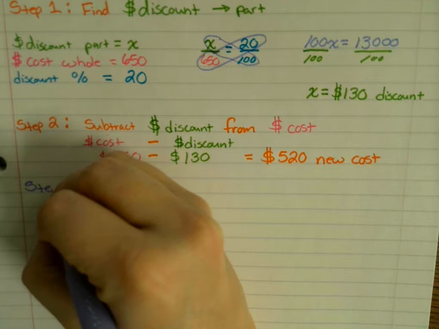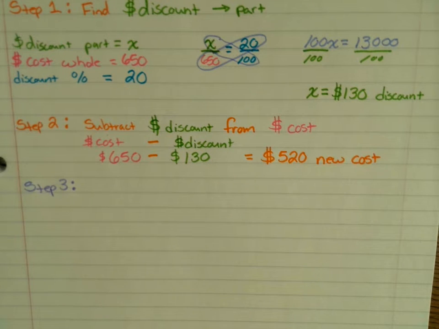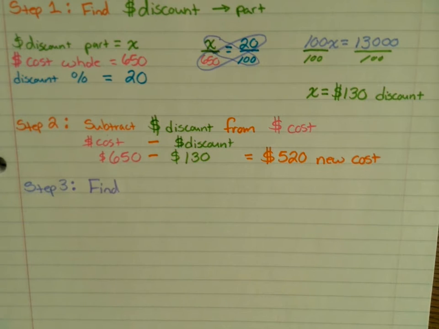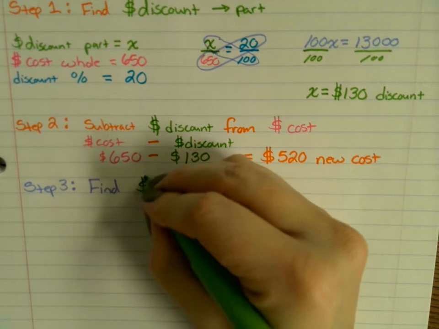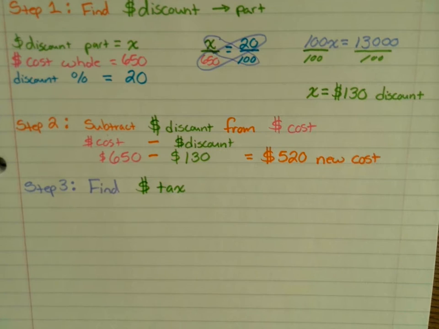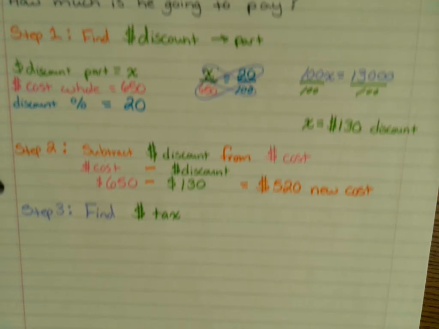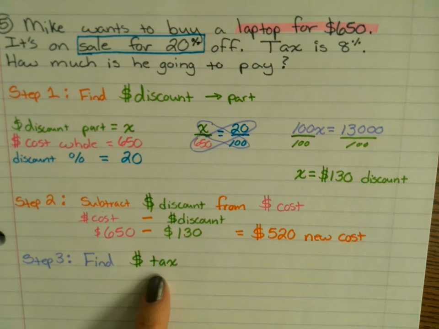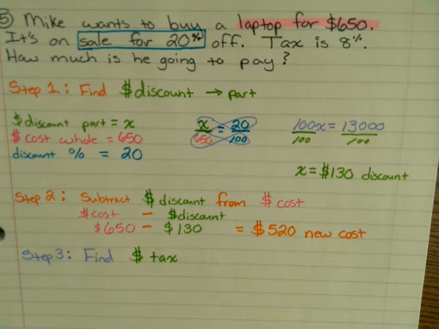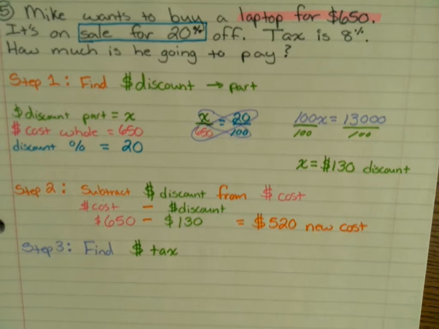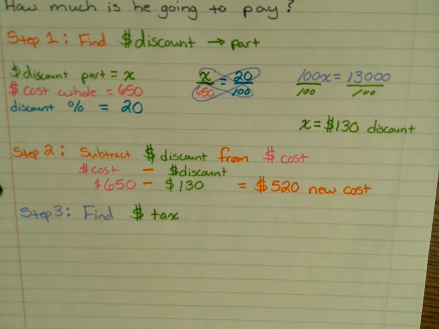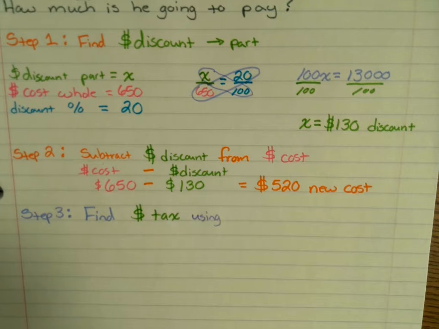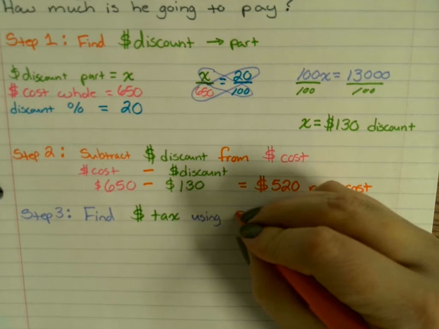So for step 3, you're going to find your money for tax. Okay, what's in the problem is not money, it's a percentage. We need to find the money. We need to know how much money it is going to be. So we need to find the money tax. And we have to use your new cost.